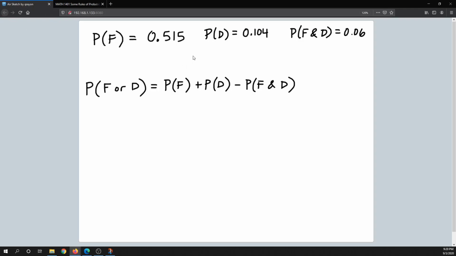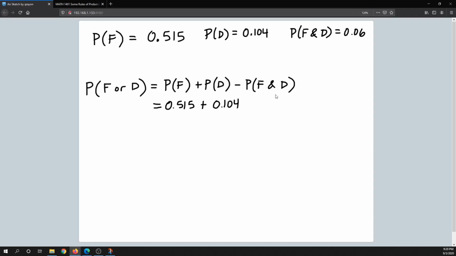All we need to do is to put those numbers in the correct spot over here. Probability of female is 0.515, plus the probability of divorced is 0.104. And the problem here is that somebody can be both female and divorced, right? So when you're doing these probabilities, it counts those people twice.